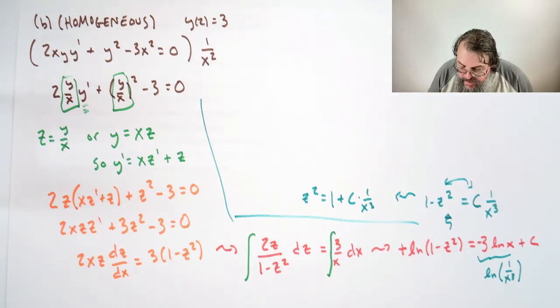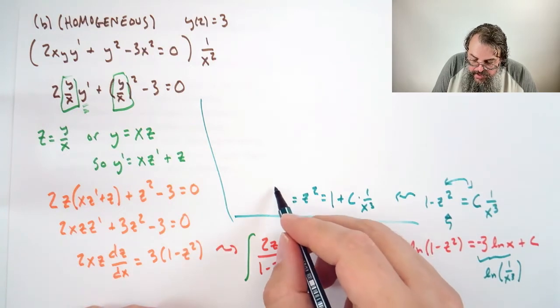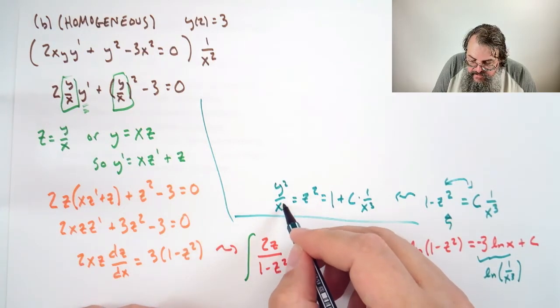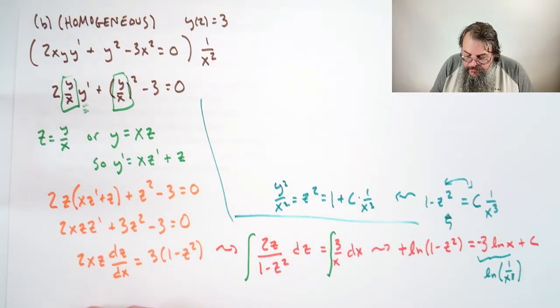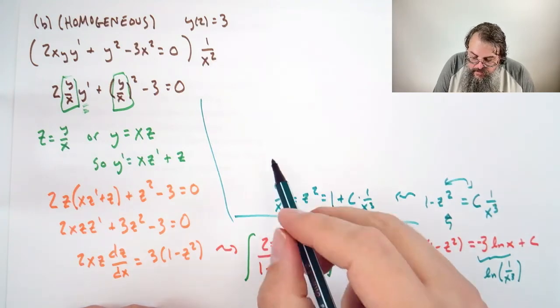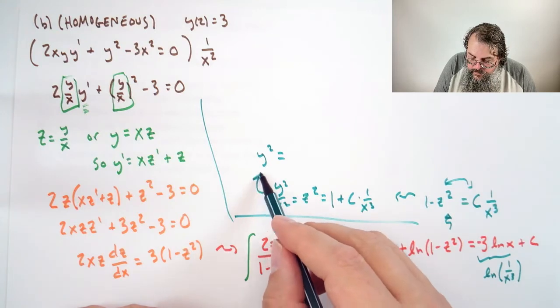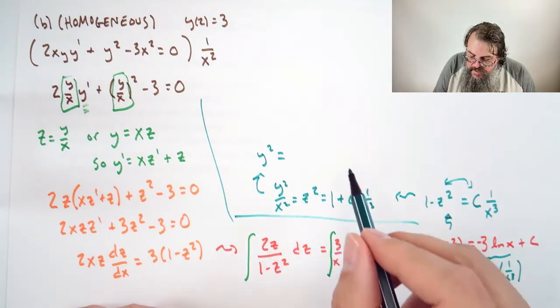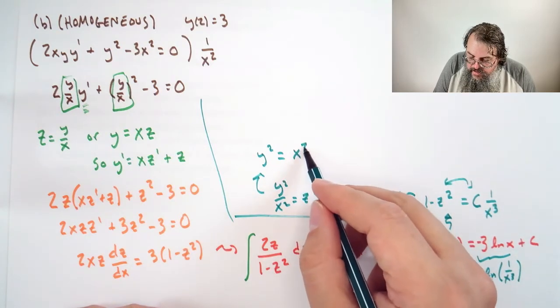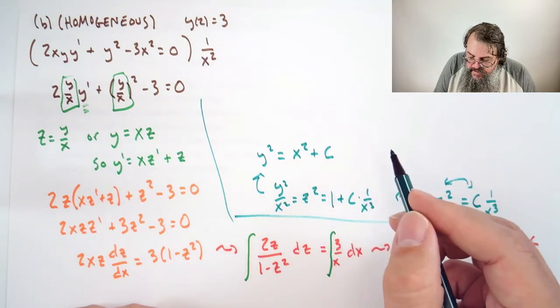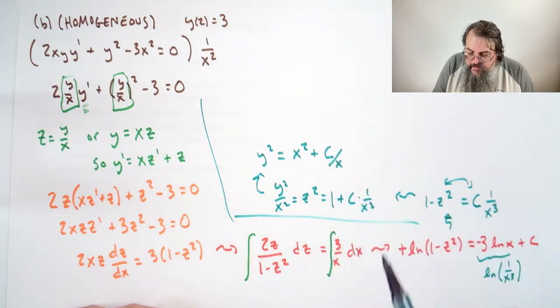Okay, great. But z squared, that's going to be y squared over x squared. So, multiplying across, we get y squared is equal to x squared plus some constant over x.